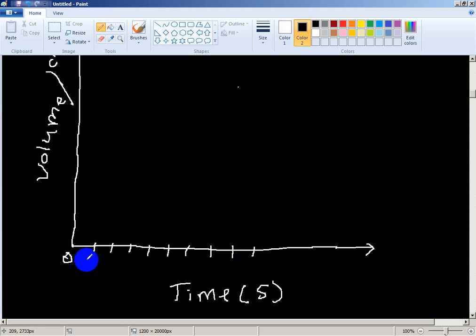I am not drawing this using graph paper. In 7 BC you don't need graph paper, but in 9 BC and 10 BC you use graph paper.